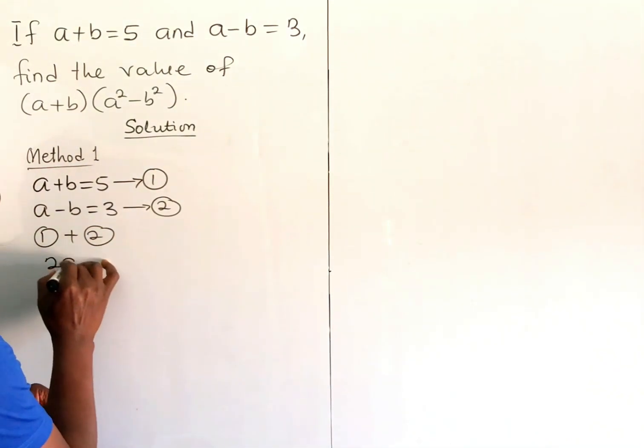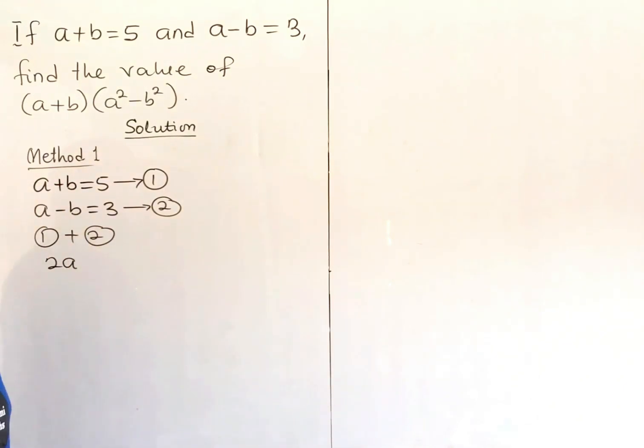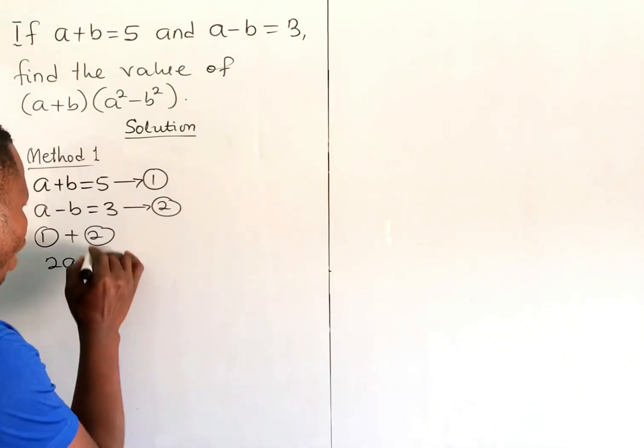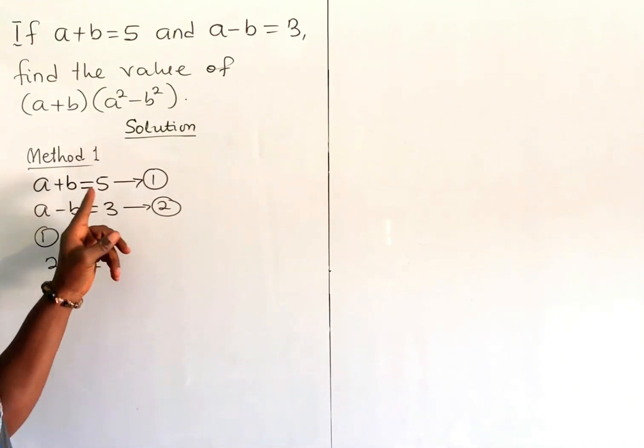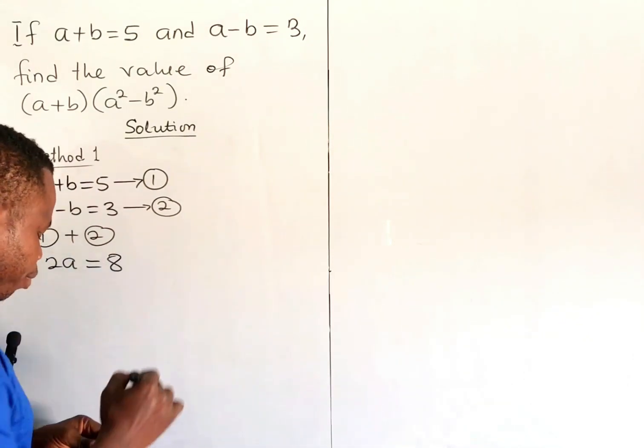Then we have B plus minus B, which means B minus B, and it will be 0. This will be equal to what we have on the right hand side, 5 plus 3, and 5 plus 3 is 8.